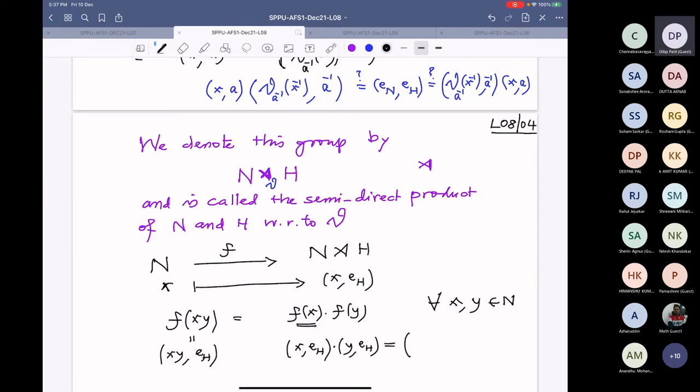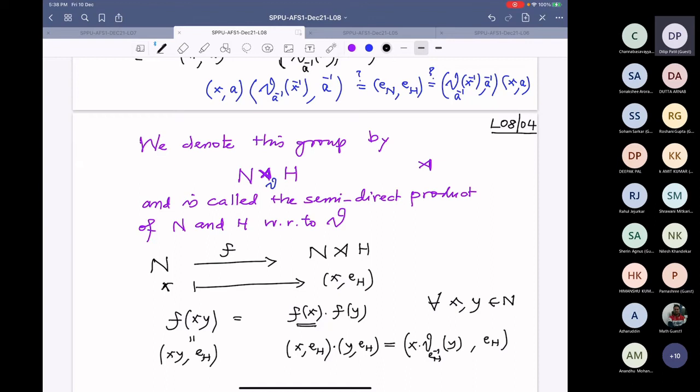The second component is no problem, e_H. And the first component, x evaluated here, the theta suffix will be this. So x times theta of e_H evaluated at y.